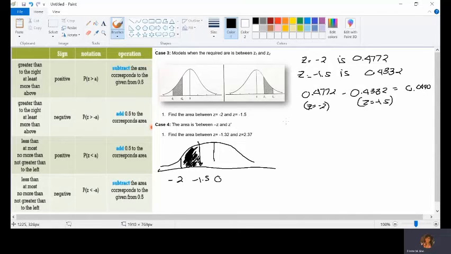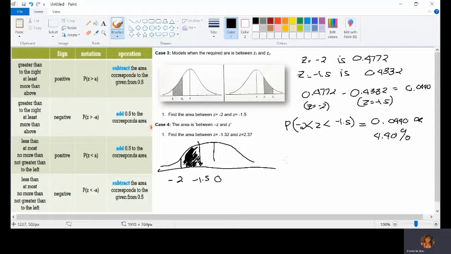Therefore, in probability notation, the probability of Z greater than -2 and less than -1.5 is equal to 0.0440, or 4.40%.